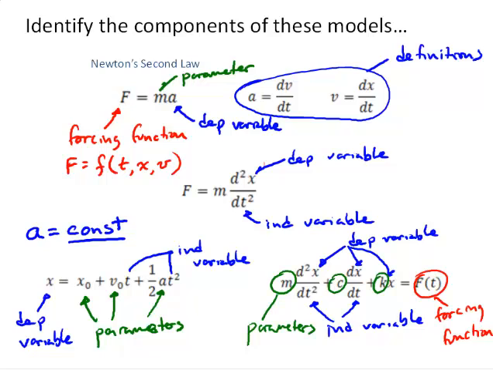So hopefully you can go back and take a look at models that you've seen in previous courses and think about them in this kind of abstract sense of what is the independent variable, what is the dependent variable, are there any parameters in the model, and what, if any, is the forcing function.